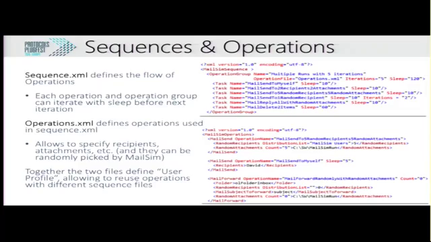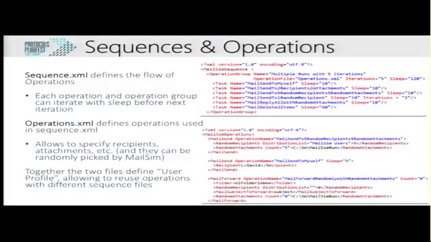But what it does is it then actually points to the operation file. And the operation file is the one that specifies the actual operation. So you can reuse the operation multiple times and in multiple profiles, right? That's the whole purpose of splitting them into two configuration files.